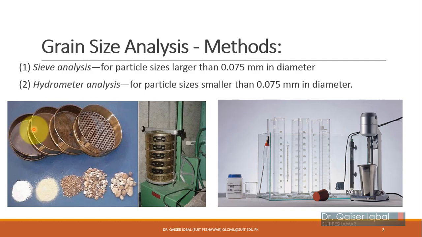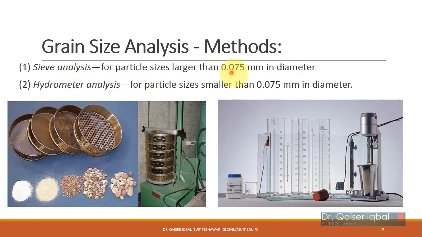So for the fraction of the soil which passes through sieve number 200, we will use hydrometer analysis, also known as sedimentation analysis. This fraction, which passes through 0.075 millimeter, includes silts and clays, while the fraction retained above 0.075, meaning its size is greater than 0.075, will be sands and gravels.